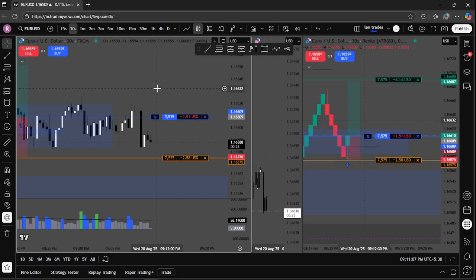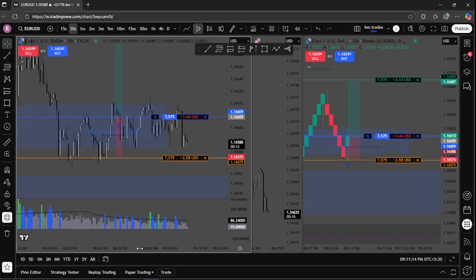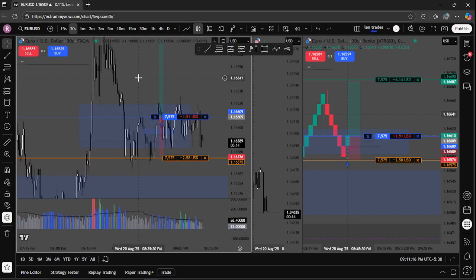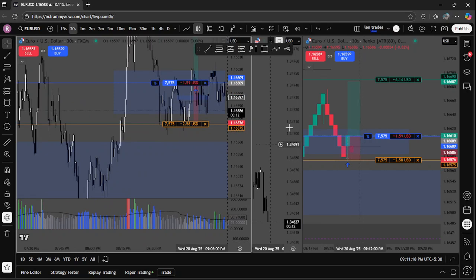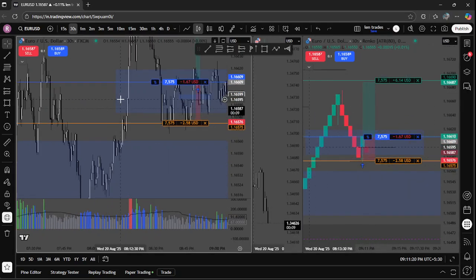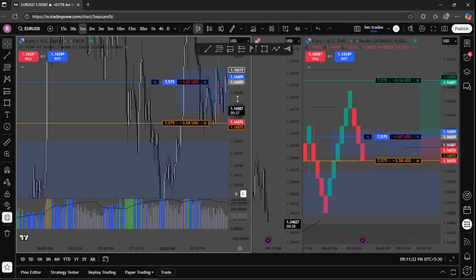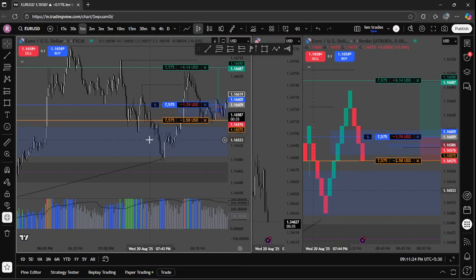I'm just trying out this Renko here, so that's why. Yeah, maybe some other idea. When we're here, let's just take some other idea here. When we're here, we're having that divergence.